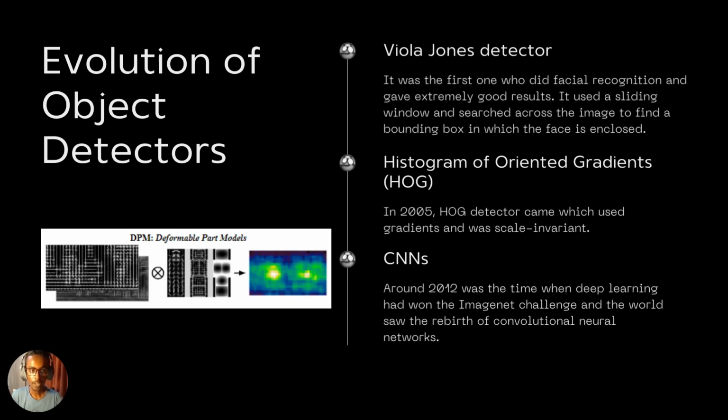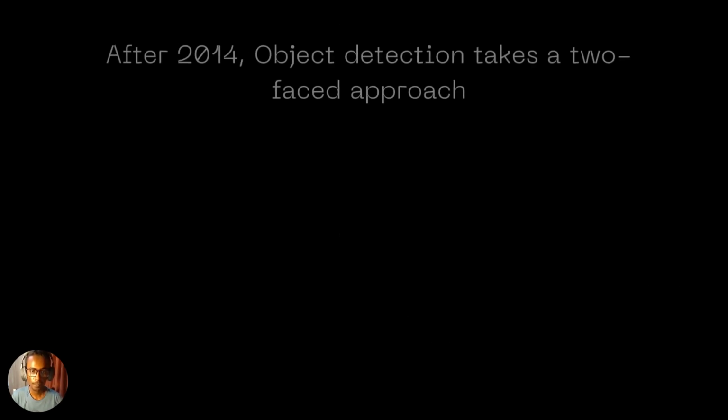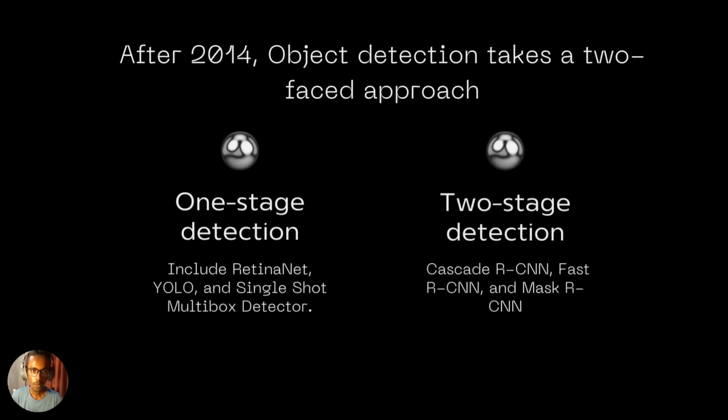Recently, CNNs are the state-of-the-art models that are being used to detect objects. Around 2012 was the time when deep learning won the ImageNet challenge with AlexNet, and the world saw the rebirth of convolutional neural networks. After 2014, object detection took a two-phased approach.